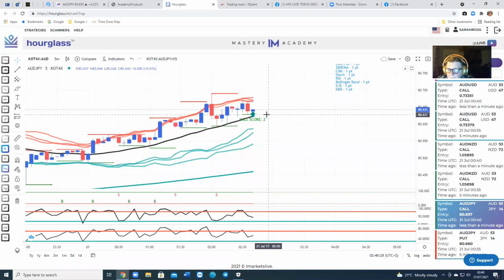I'm off 627. Didn't quite come back to that level. So I haven't got support and resistance or Bollinger Band. So I've only got these two. I've only got the 200 EMA and the currency strength meter in my favor. So I don't want to be taking that anyway. I need it to push down further.